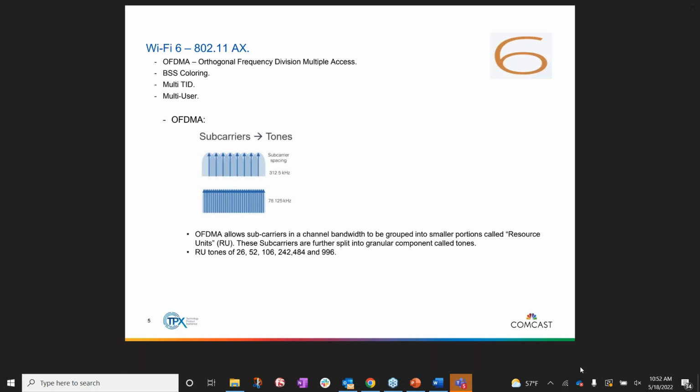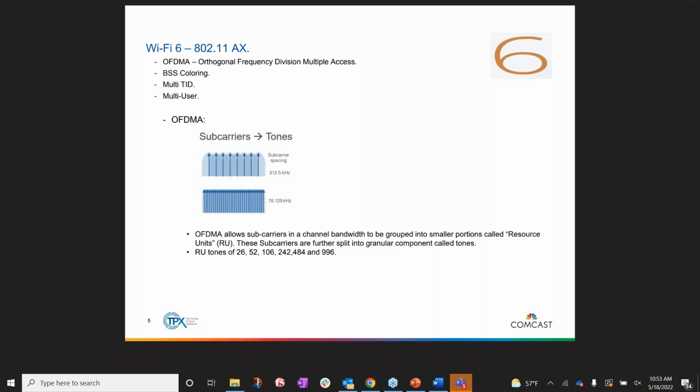So if you take an example how this OFDMA works: if you have one AP which is AX capable and multiple clients also AX capable and OFDMA enabled on both sides, now the AP has an opportunity to talk to multiple clients in a single TX hop. Here TX hop means a transmission opportunity.